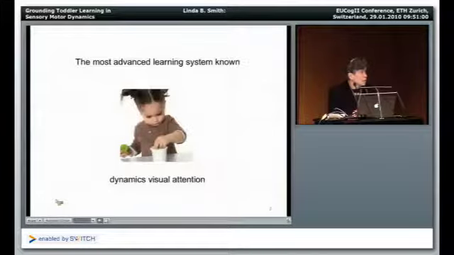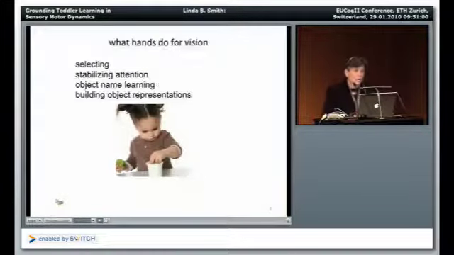And although I'm going to be talking about vision, I'm actually not going to be talking much about the eyes. I'm going to be talking a lot about hands and what hands do for vision, at least for toddlers' visual attention, in selecting the objects that they attend to, in stabilizing attention.